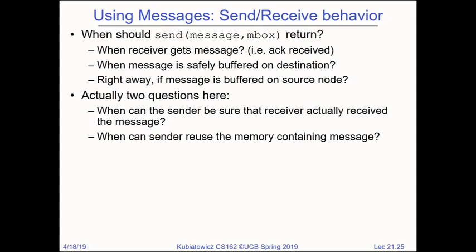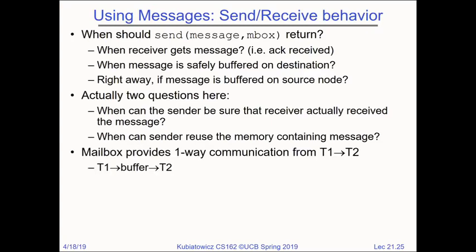For instance, think about the first one. How do I make sure that I don't return from send until the receiver gets the message? That may mean I have to hold on to the message locally and retransmit it a bunch of times because it may fail and I don't get an ACK right away. Eventually I get an ACK, and at that point I can free up my buffer space. So there are a lot of intertwined questions.